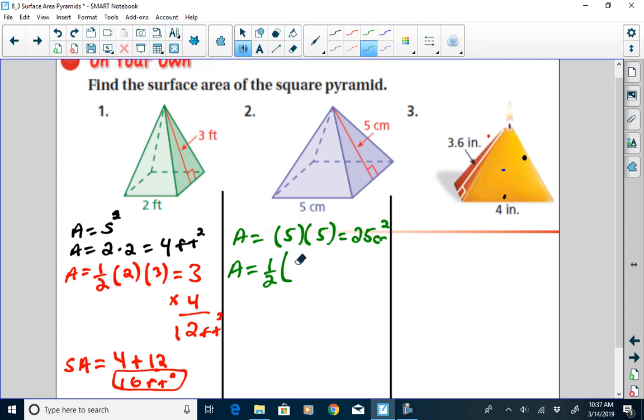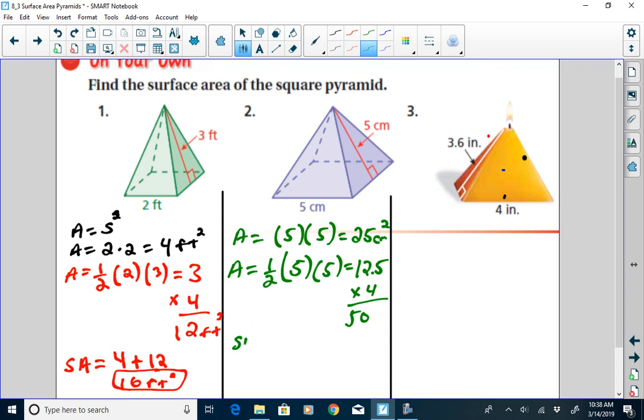Well, the base we know is 5. The height, which is the perpendicular segment to that base, is also 5. So 1/2 of 5 times 5, well, 5 times 5 is 25. 1/2 of 25 is 12.5. If I multiply that by 4, 4 times 12.5, it's going to give me 50.